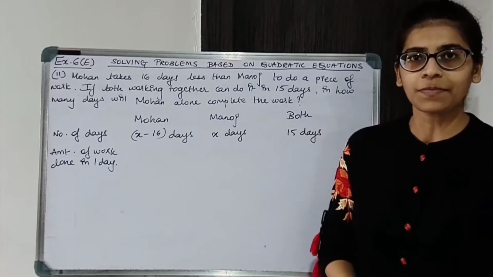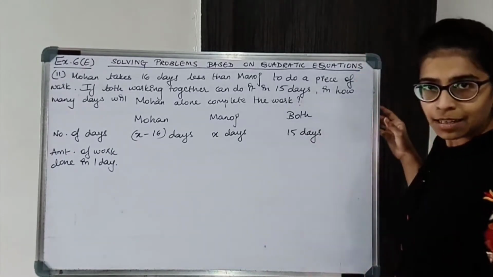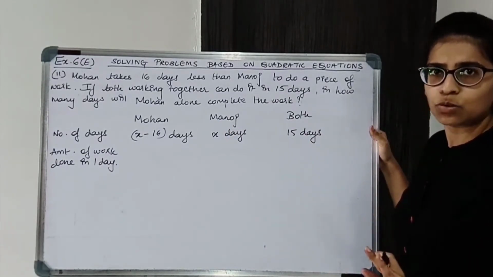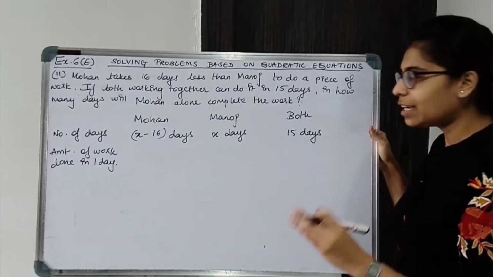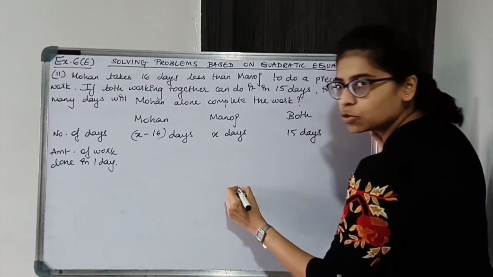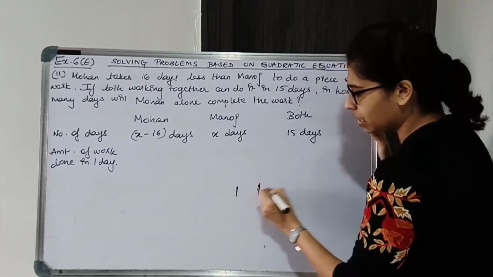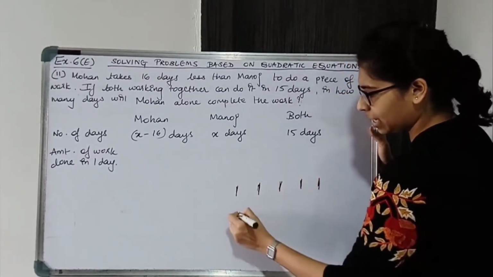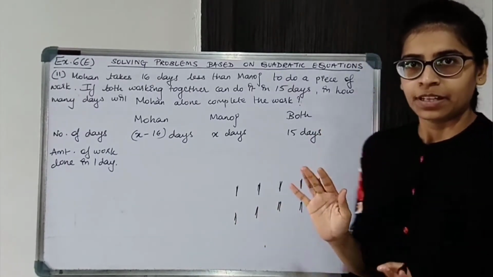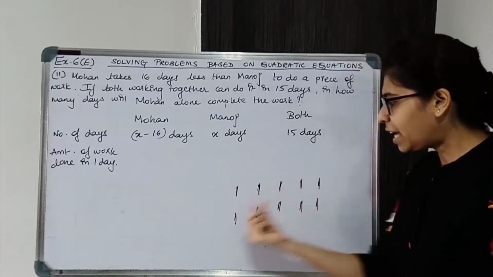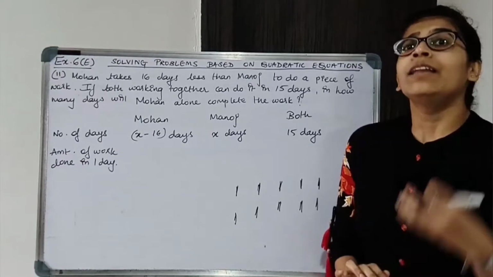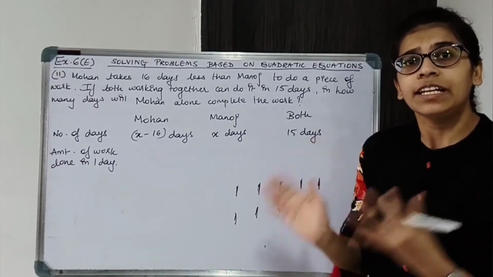Why? Let's say that Mohan takes 10 days to finish a work. So let's say he divides the work into 10 equal parts. On the first day he did some work, then on the second day some work, third day, fourth day, fifth day, sixth day, seventh day, eighth day, ninth day, 10th day. So he is dividing the work into 10 equal parts. Now in one day how much work will he do?